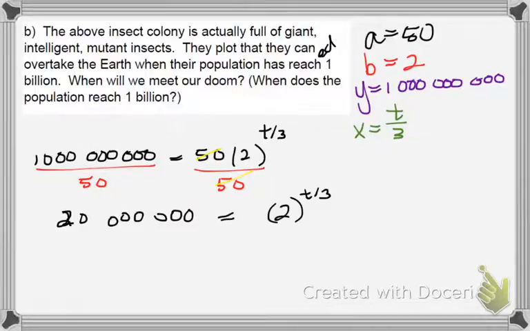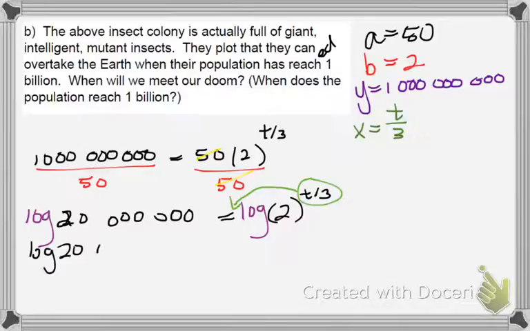This is where our logarithms come in. I'm going to take the log of both sides, and we learned that when we use log, we get to take the exponent and use the parachute rule. We parachute it down in front as a multiplication. So we end up with the log of 20 million equals t over 3 times the log of 2.